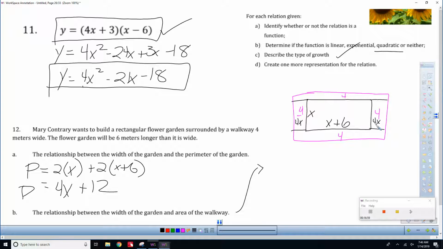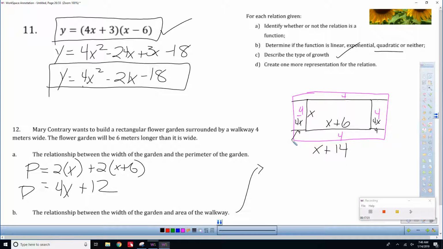So this is 4 here. And this is 4 here. So the whole thing down here is x plus 14, because it's 4 plus 4 plus 6. I hope that makes sense. This is super tough, but hey, no problem for trying it.